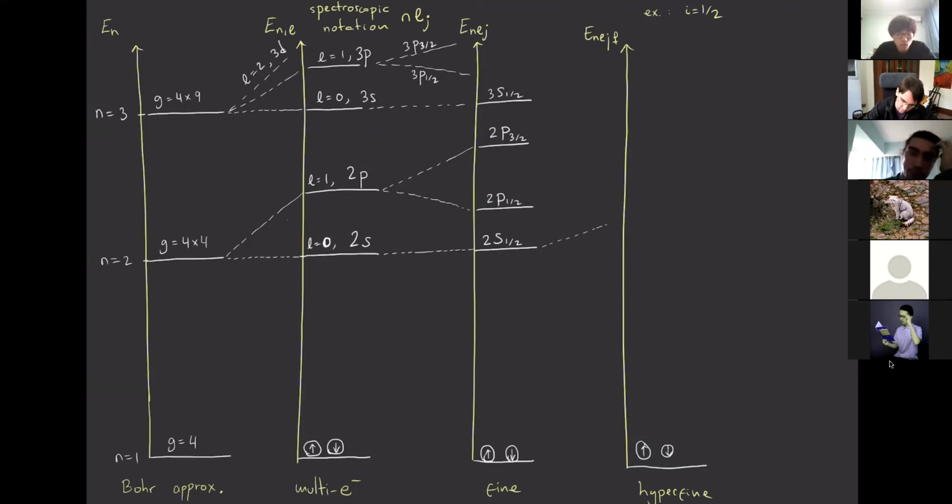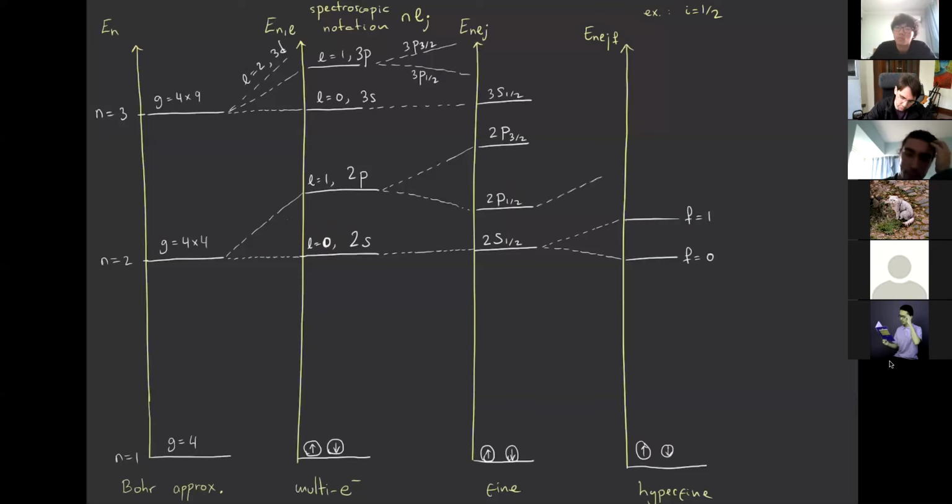Let's say that this one that has J equals 1/2, we will have 2 possibilities for the energies corresponding to the levels F equal 1 and F equal 0, so 1/2 plus 1/2 and 1/2 minus 1/2.